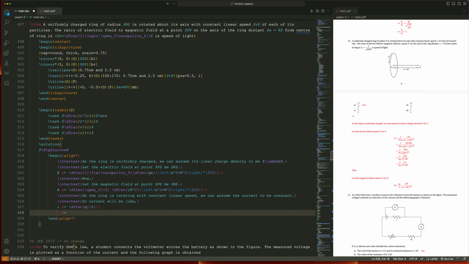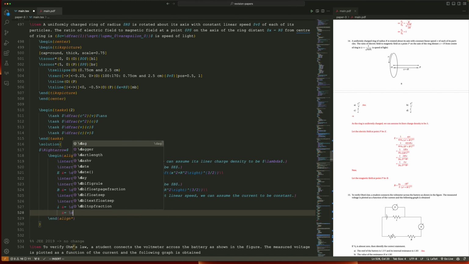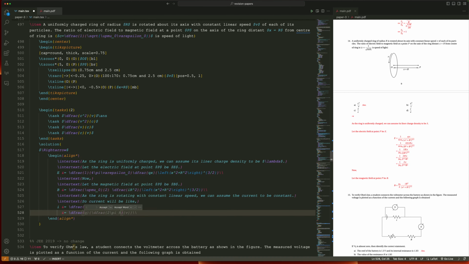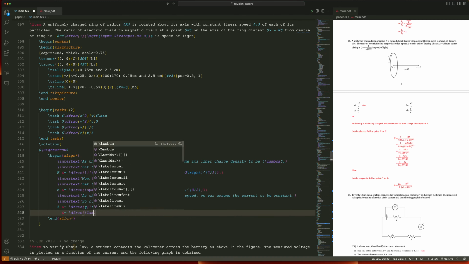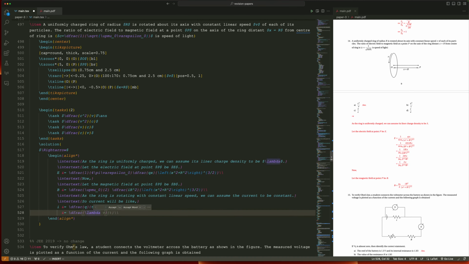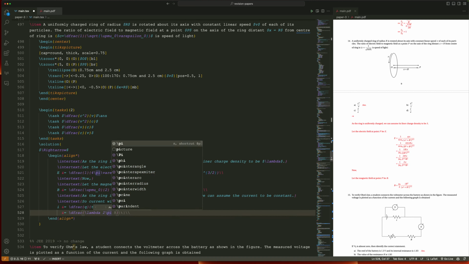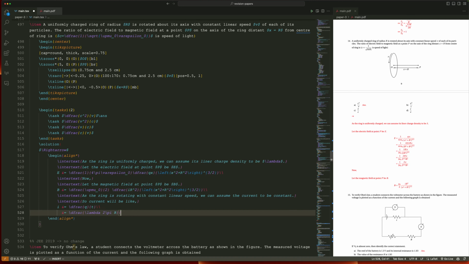It's equals to dfrac. Q is lambda times 2 pi r, and time will be 2 pi r, then again dfrac.